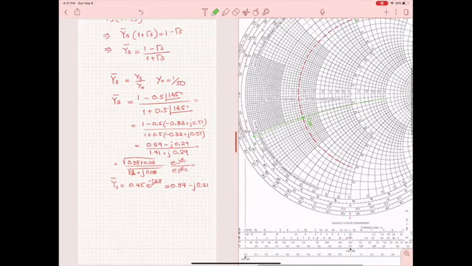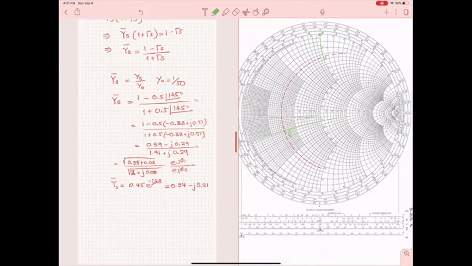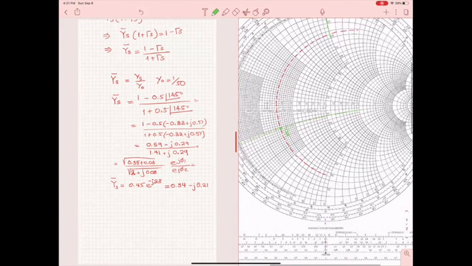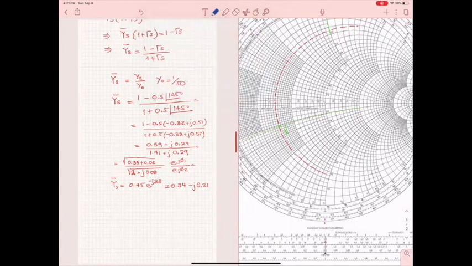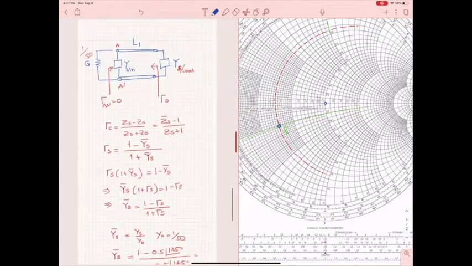Okay, now from that point here, which is the load, we have to go to the center of the Smith chart. But first of all, we have to move along a transmission line. You see the transmission line, L1. We have to move along this line from the load, which is our ys, to find the stub.